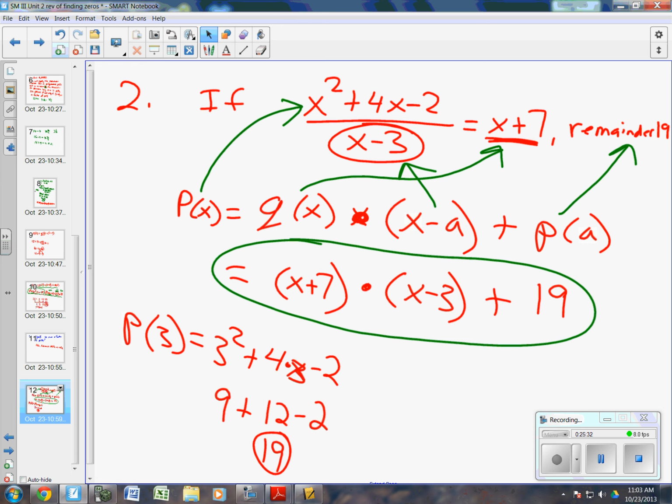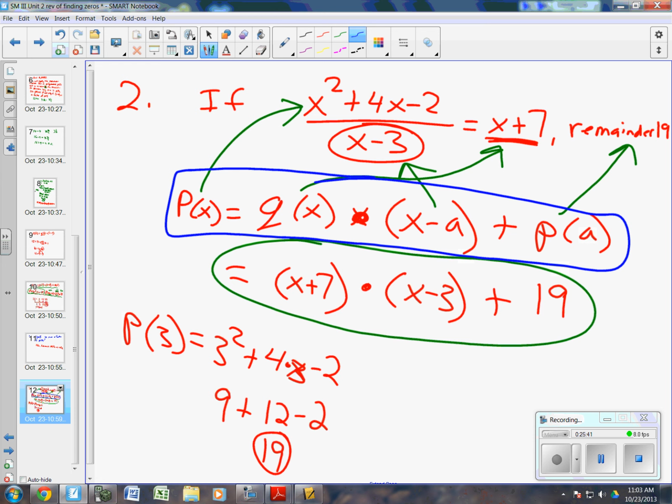Rewrite it in the definition form, using the numbers that we actually used. It says rewrite x squared plus 4x minus 2 as q of x times x minus a plus P of a. What is a? A is 3, you guys, right? a equals 3. a is the number you divide by.